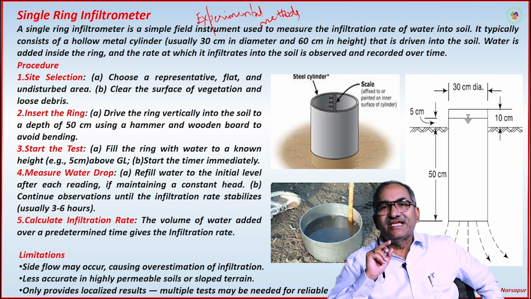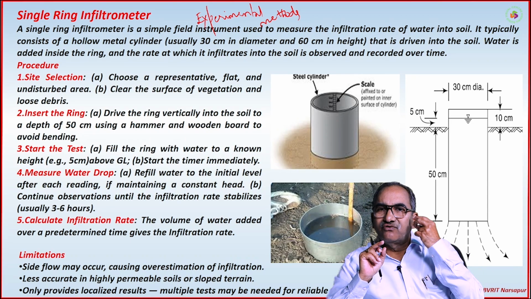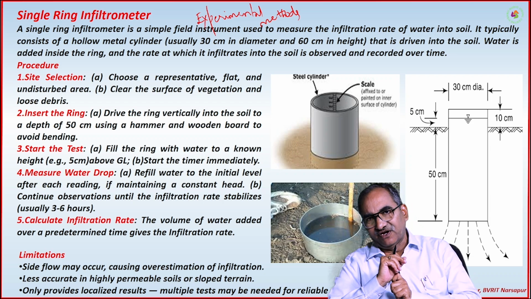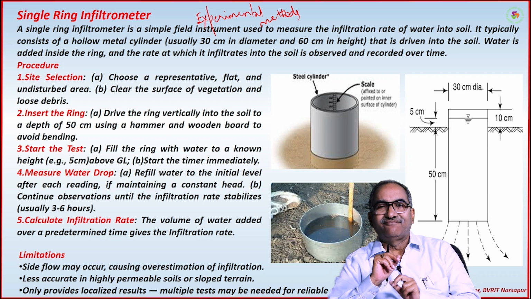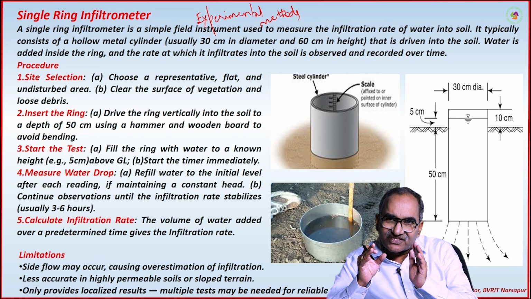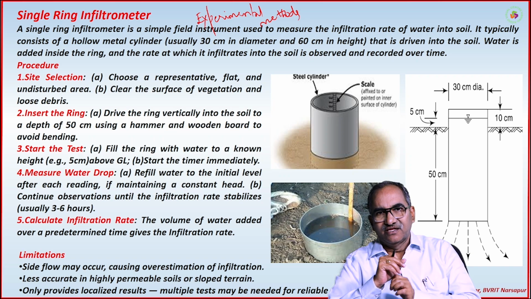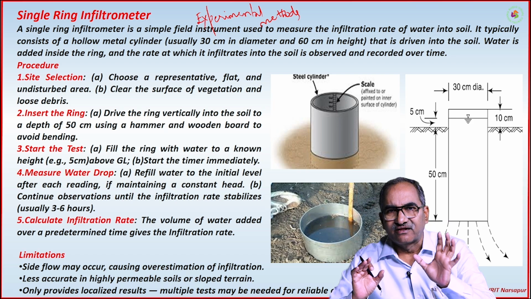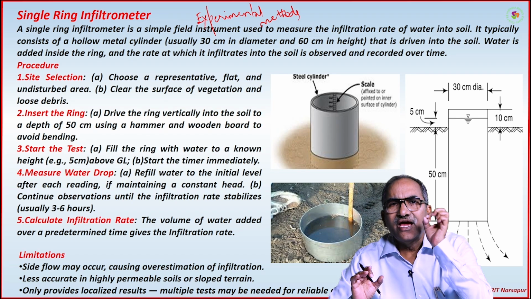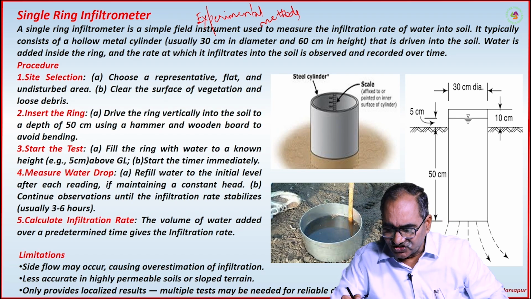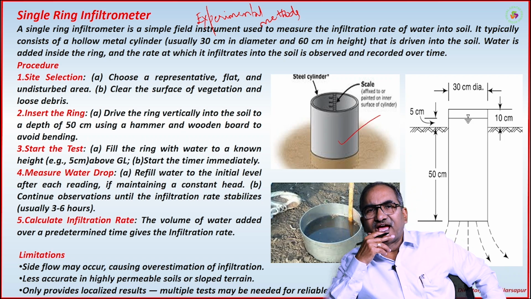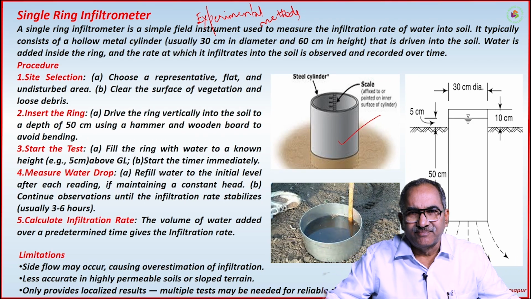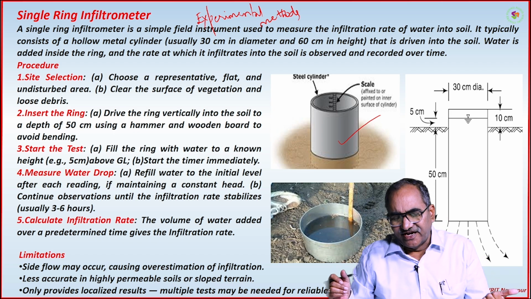In ring infiltrometers, we have two types: single ring infiltrometers and double ring infiltrometers. Let me take the single ring infiltrometer first. A single ring infiltrometer is nothing but a hollow metal cylinder with some standard dimensions.